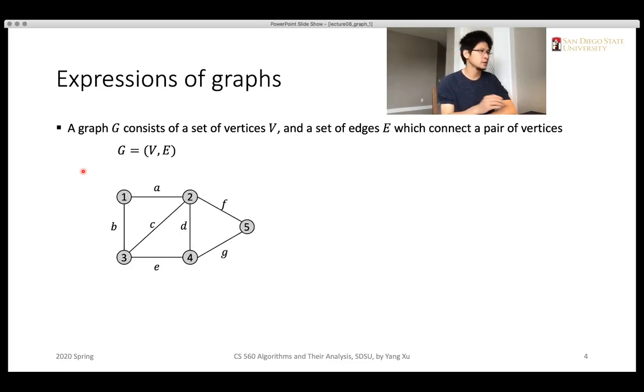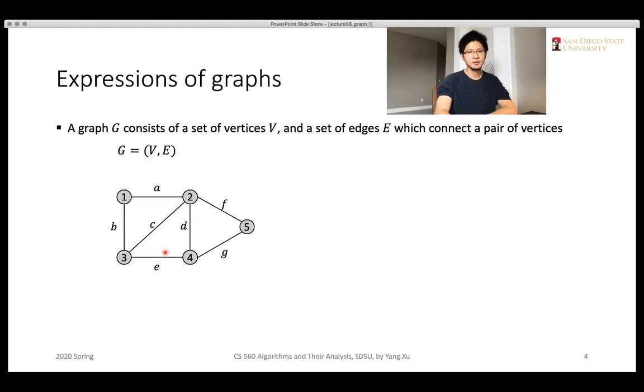For example, this is a very simple graph that has 5 vertices, 1, 2, 3, 4, 5. All the circles with gray background and the numbers in them indicate the vertices. And all the lines that connect those vertices are the edges in this graph.